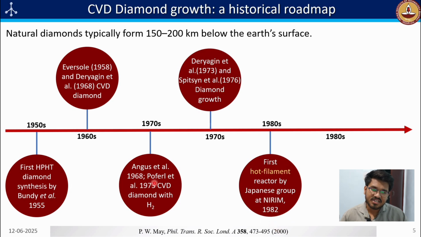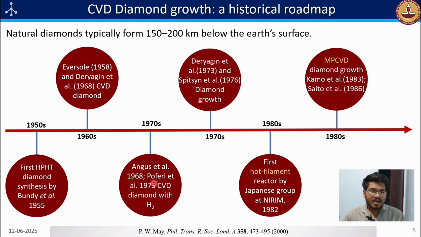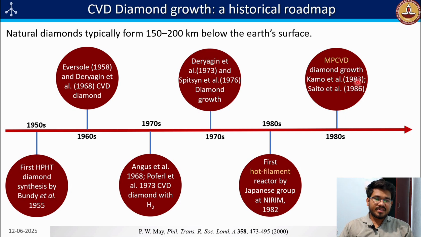Basically Russian and Japanese groups are experts in growing this lab-grown diamond. And finally in 1983 and 1986, people used MPCVD, a cleaner environment and faster growth in chemical vapor deposition. So this MPCVD technique was invented in 1983 and 1986.